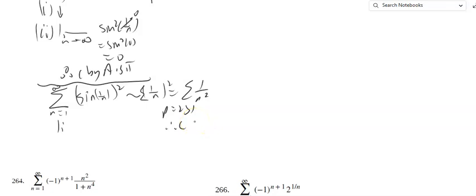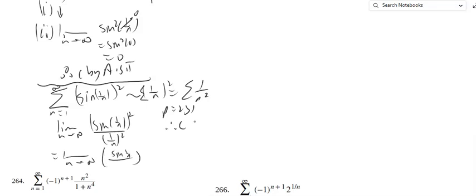Well, because I know how that plays. The limit as n approaches infinity of the sine of 1 over n squared, divided by 1 over n squared. We know that's a 1. You could use L'Hopital if you wish, but we know that's a 1. We memorized that from the first semester, bigger than 0. Therefore, they both converge by the limit comparison test.